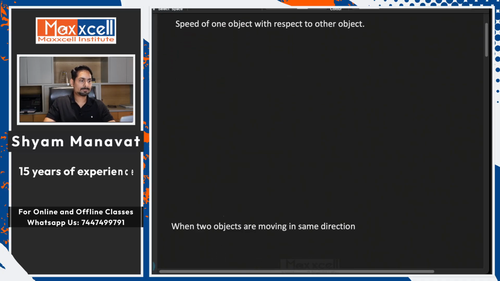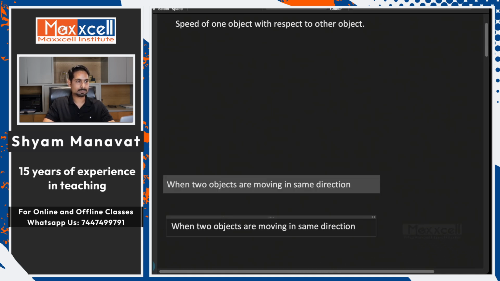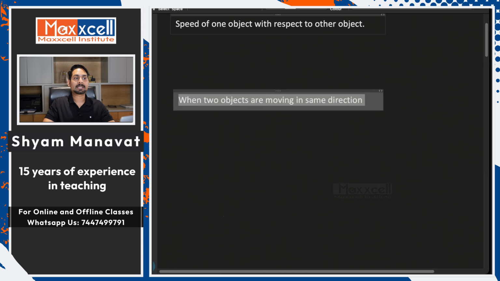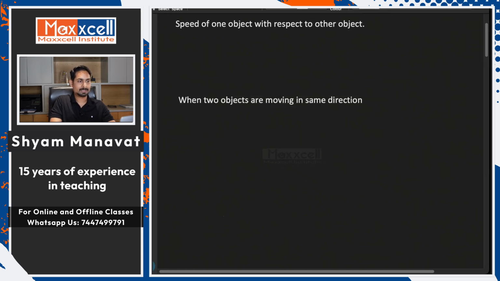So let's see. Say two objects are moving in the same direction. I have given you one example, that you are trying to overtake another vehicle. So what happens if two objects are moving in the same direction? Let's say with the speeds of x and y, in whatever units, kilometers per hour or meters per second.